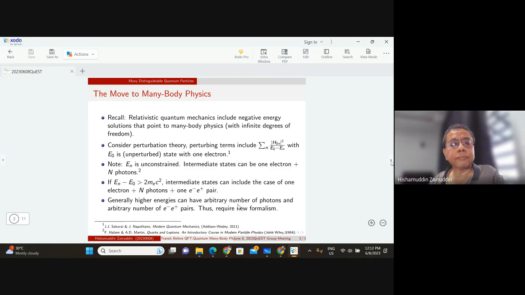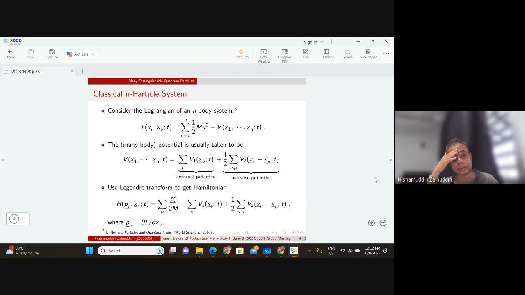So let me just start off with the classical case. How do you describe n particles in classical mechanics, for example? Well, we begin with the Lagrangian. One should actually start with the action, of course, but one can look at the Lagrangian to simplify things.